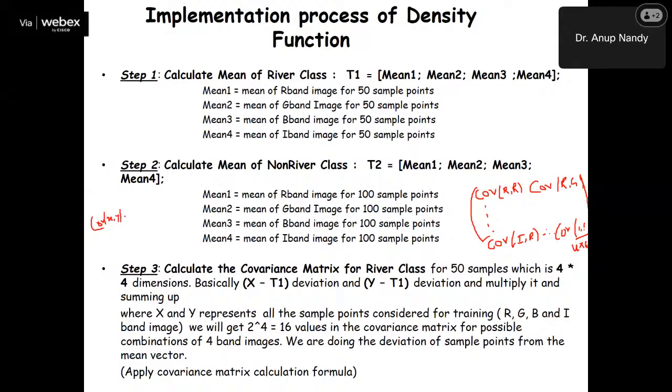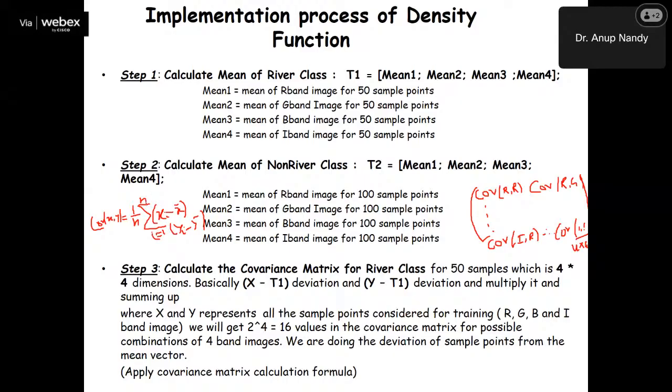COV of x comma y is equal to 1 by n, the summation of xi minus x bar multiplied by yi minus y bar, where i is equal to 1 to n. So this formula we have already seen.